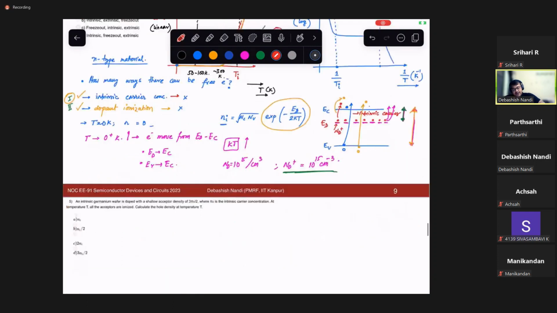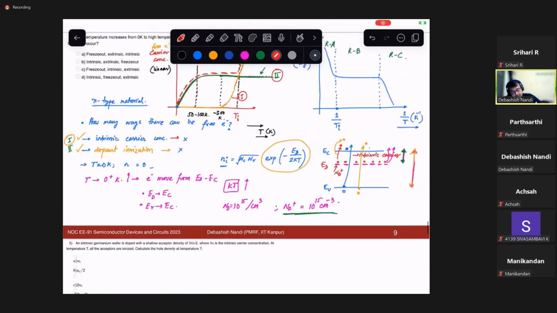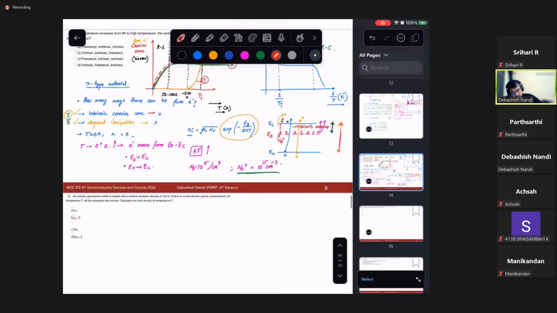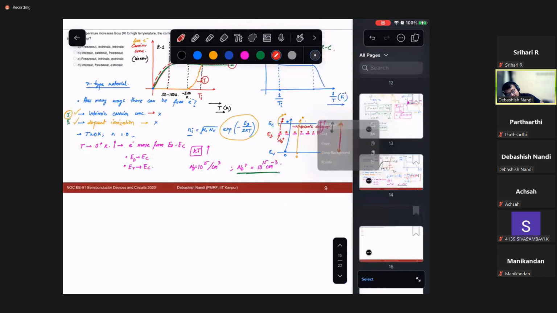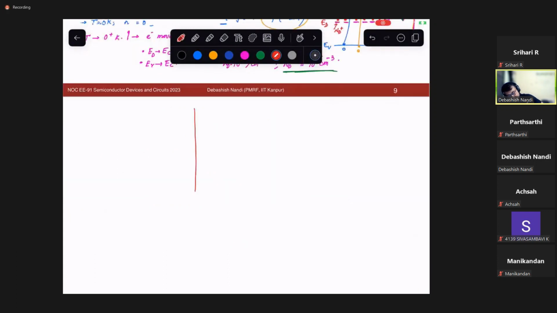Okay. So if I draw it with temperature and carrier concentration, it will increase, then after some time it will start to look like this. Okay, and you now know how this is coming about.